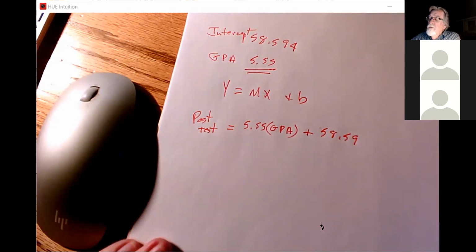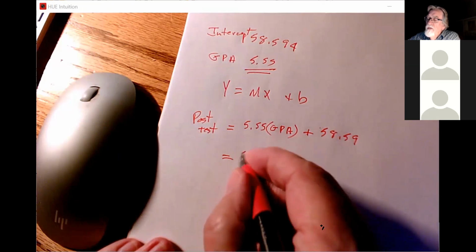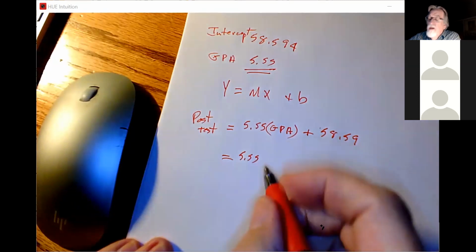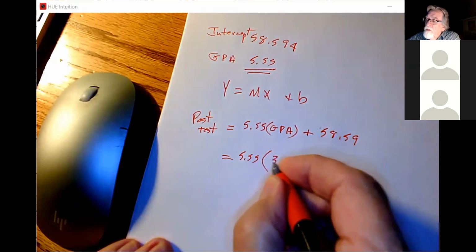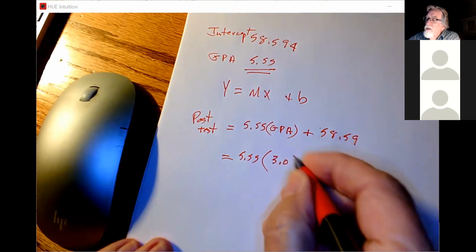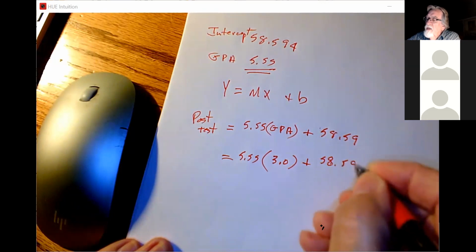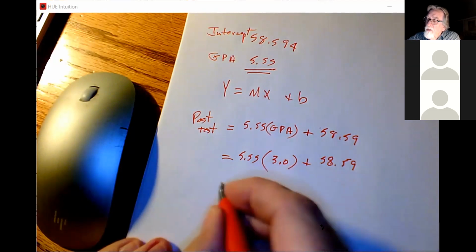And so let's say we plug in a 3.0 in the GPA. So it's 5.55 times a 3-point GPA plus 58.59. And so this is what, I'm going to rough it here.